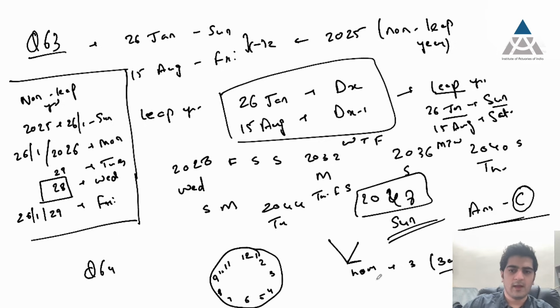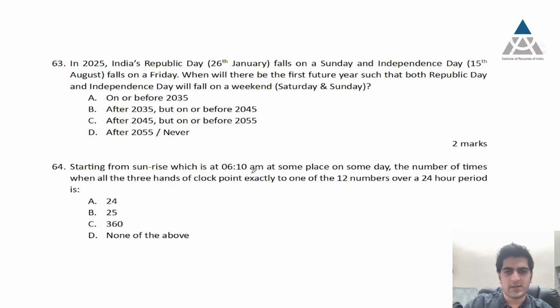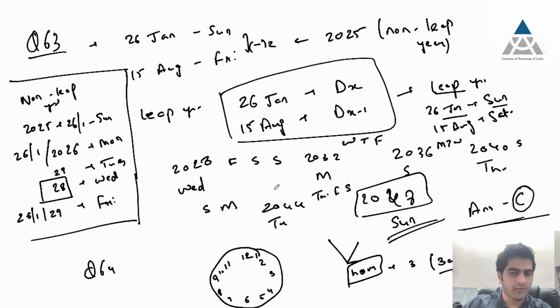So that is why you can say it's the hour hand which you need to focus upon in a span of 24 hours, any 24 hours. This 6:10 a.m. is just given to confuse you, but in a span of any 24 hours, the hour hand is on a number exactly 24 times, correct?